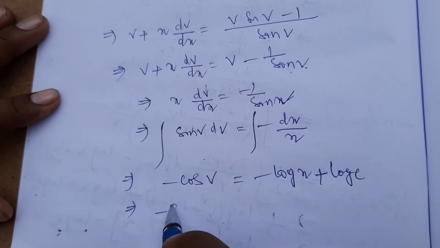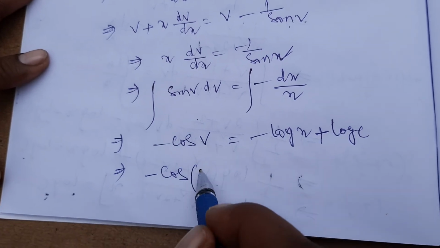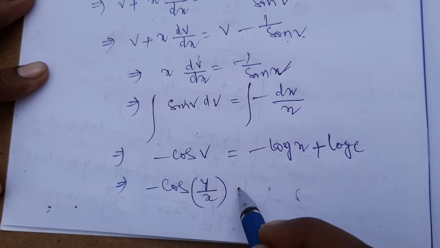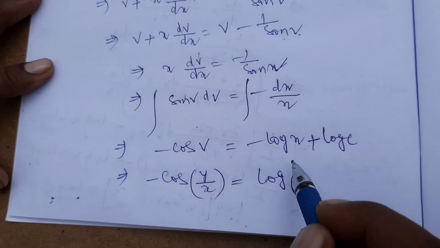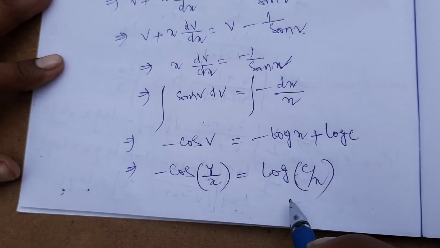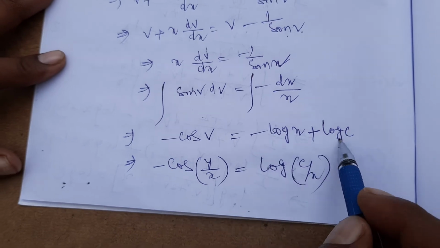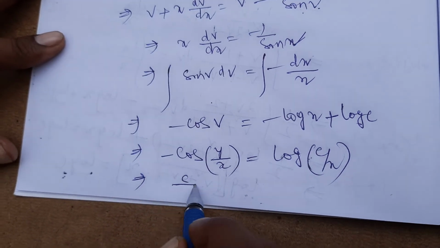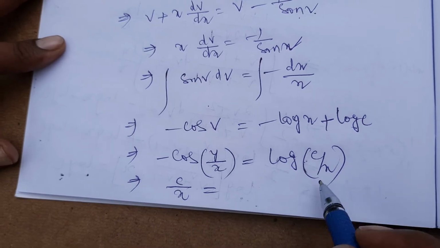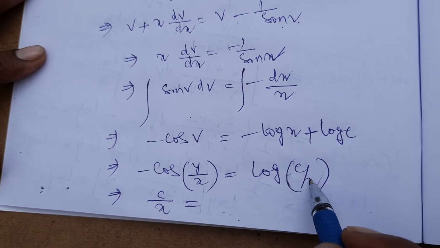Now which implies minus cos of v value, nothing but y by x, is equal to logarithm of c by x, since log a minus log b, then the whole value is equal to c by x.